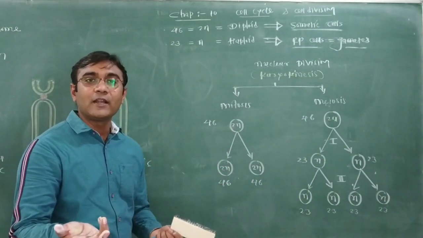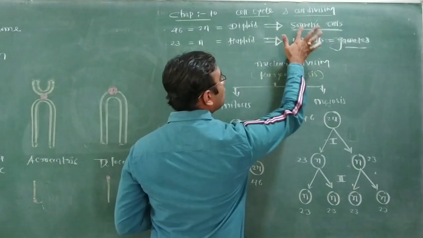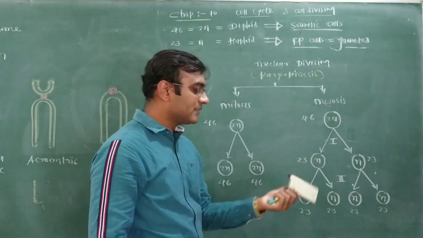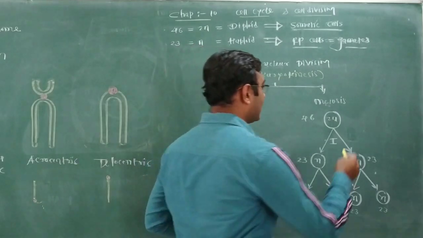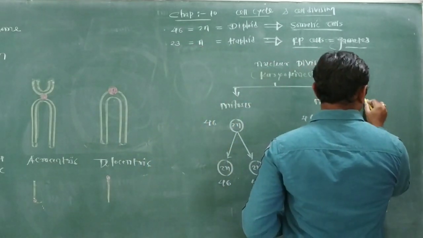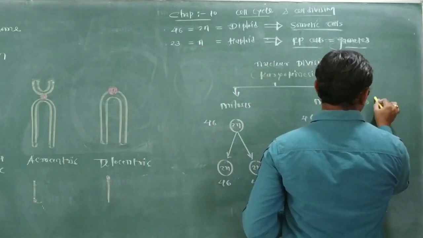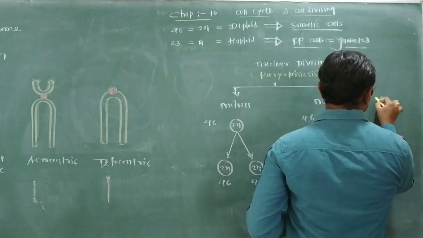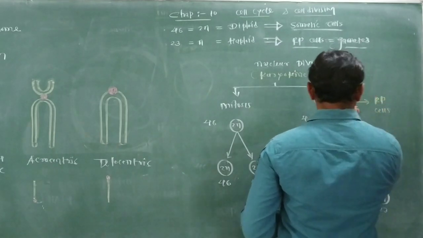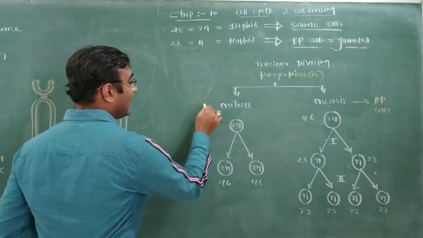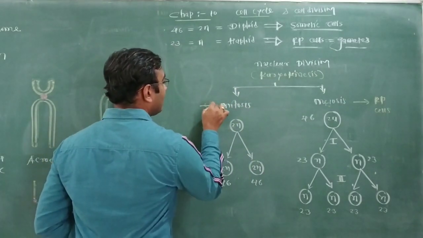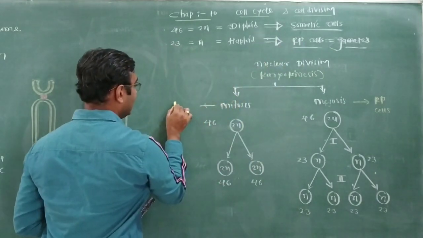Mitosis occurs for the development of which cell? Somatic cells. Whereas meiosis occurs for the development of reproductive cells. When the body needs to produce reproductive cells, meiosis occurs, and mitosis takes place in the production of somatic cells.